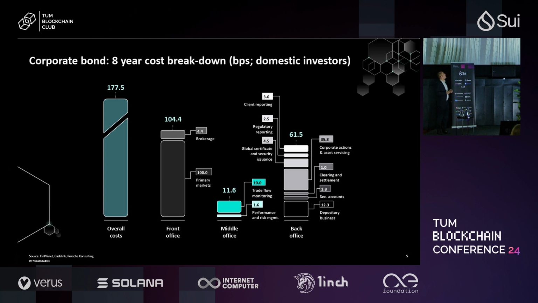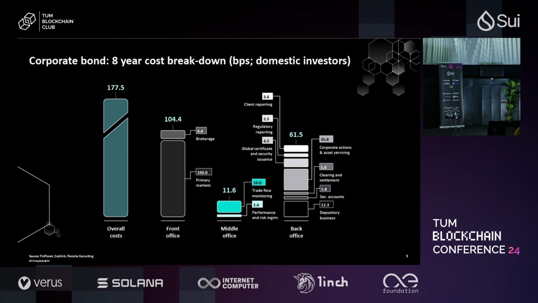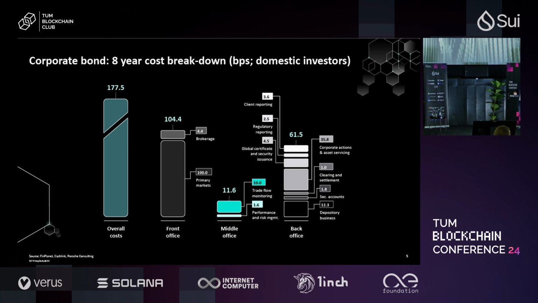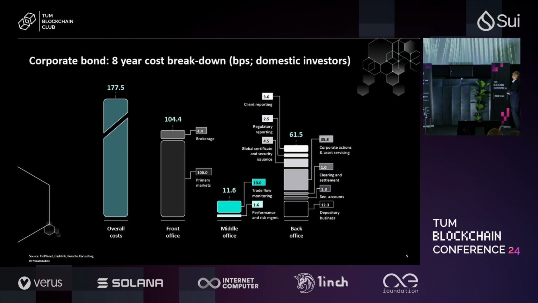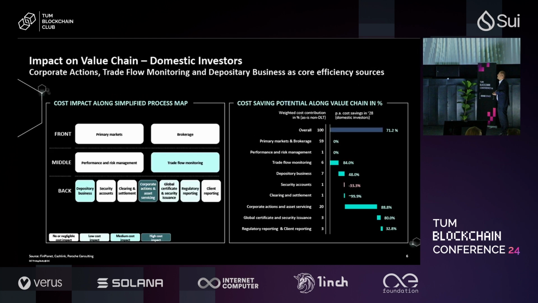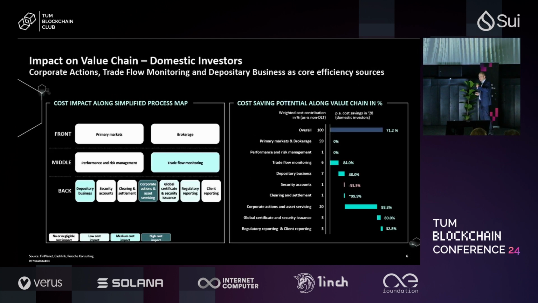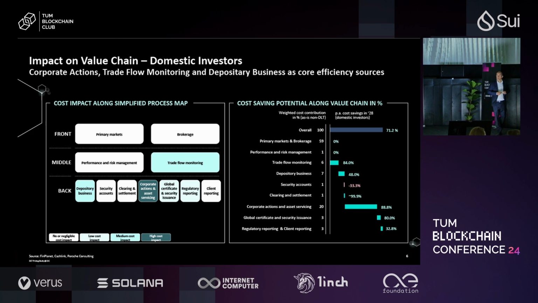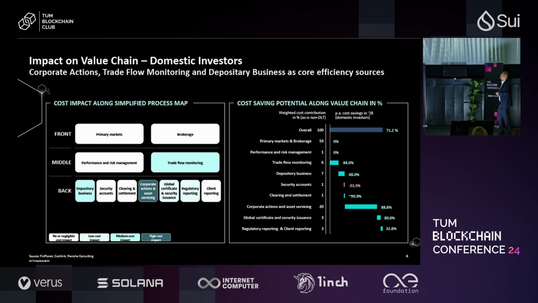And when you look at corporate actions, even more so, because that's one of the prime applicants to apply the power of smart contracts. All right, so this is basically the off-chain cost basis that we use to compare the corporate bond costs with an on-chain bond.